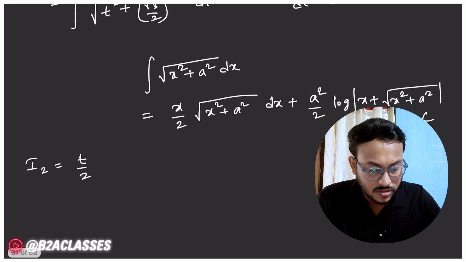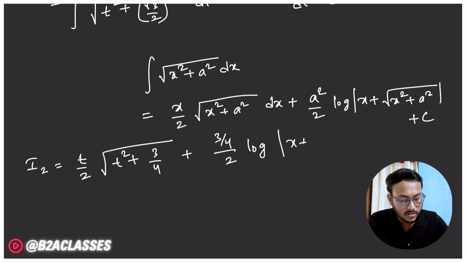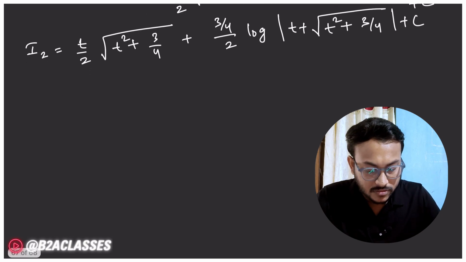t/2 root over t square plus a square, meaning 3/4, plus a square meaning 3/4 divided by 2 log, not x, t will come, t plus root over t square plus a square meaning 3/4, plus c. So I have to substitute the value of t, which is x plus 1/2.